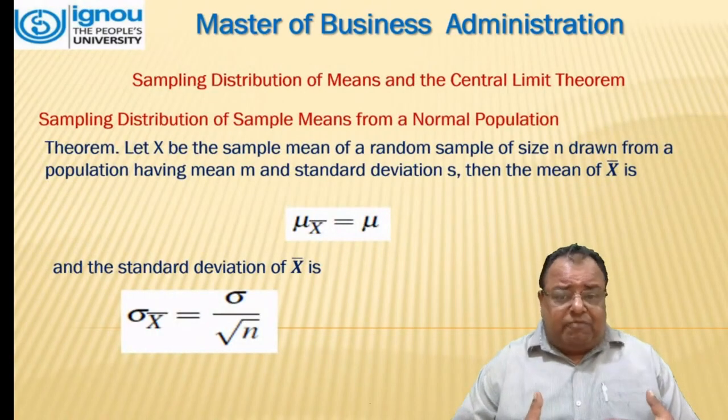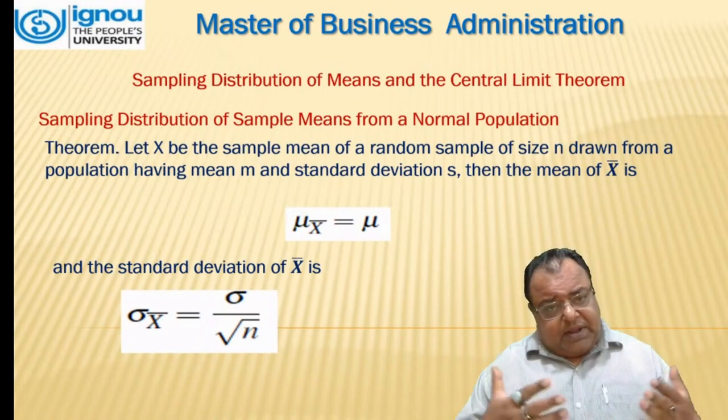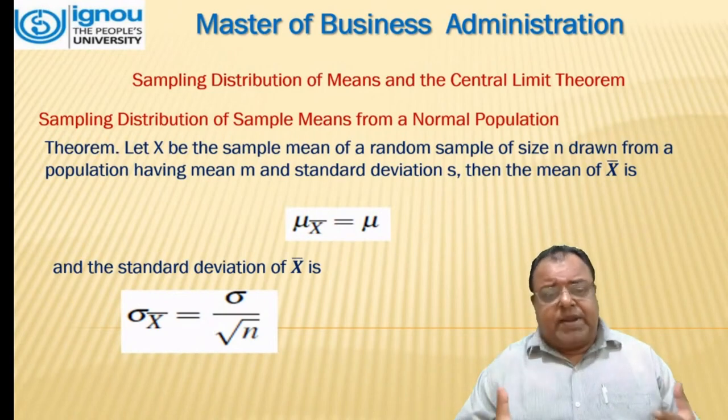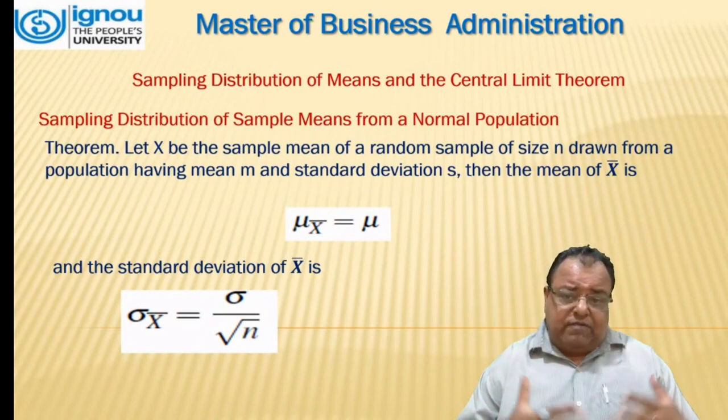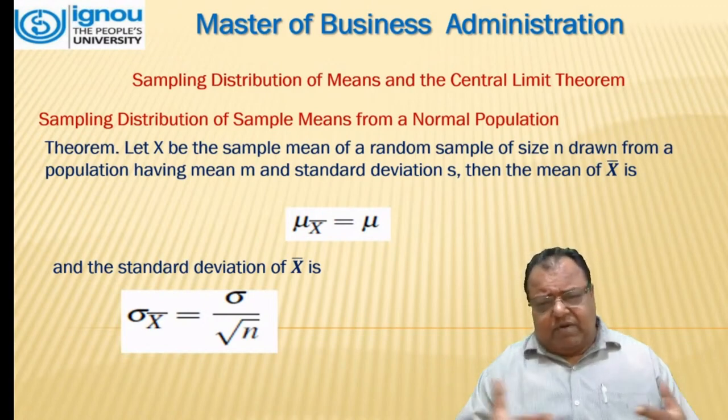Sampling distribution of means and the central limit theorem. Sampling distribution of sample means, basically, is taken from a normal population.